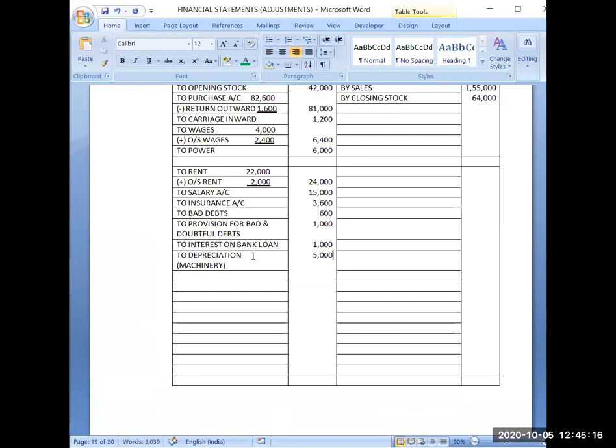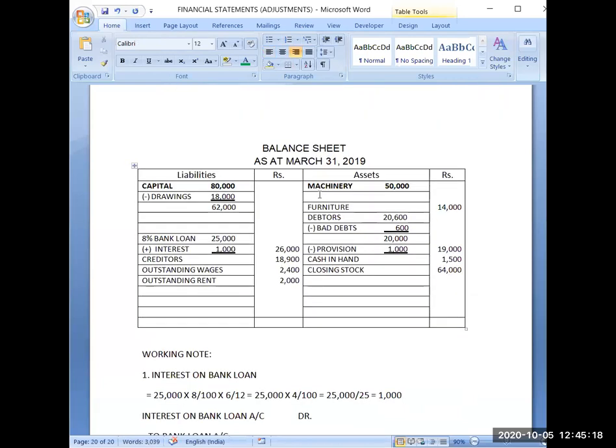It will reduce the value of the asset, so from machinery I will be reducing it. Depreciation 5,000. Now when I reduce it, it will become 45,000.